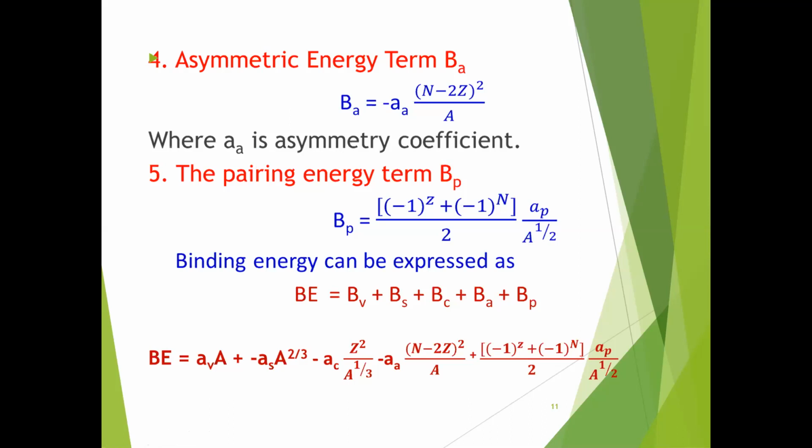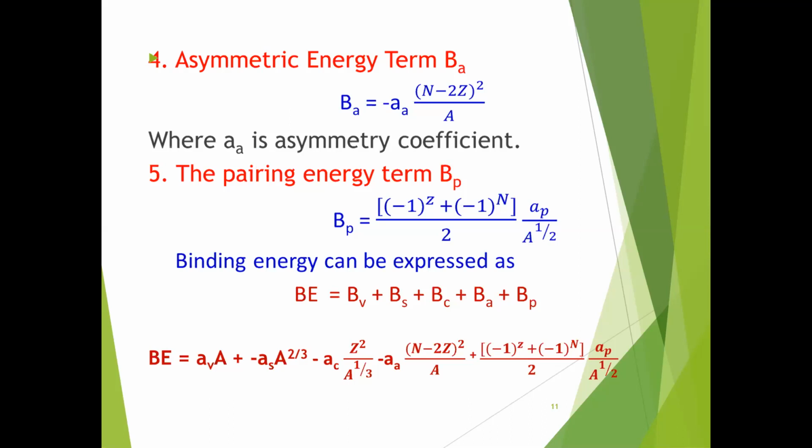And finally, the pairing energy term Bp. It is found experimentally that nuclei with an even number of protons and neutrons are the most abundant and most stable. So an even number of protons and neutrons is most stable, so it comes with a plus, and nuclei with an odd number of both neutrons and protons are the least stable.